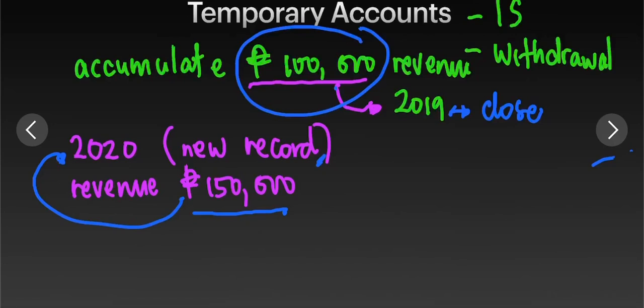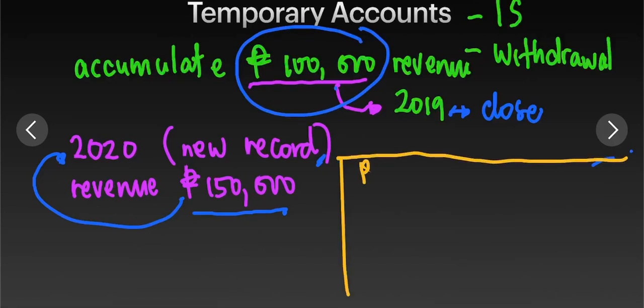Unlike permanent accounts, let's have a little discussion about permanent accounts here. An example of permanent accounts are the balance sheet accounts. To be specific, let's try an asset account.